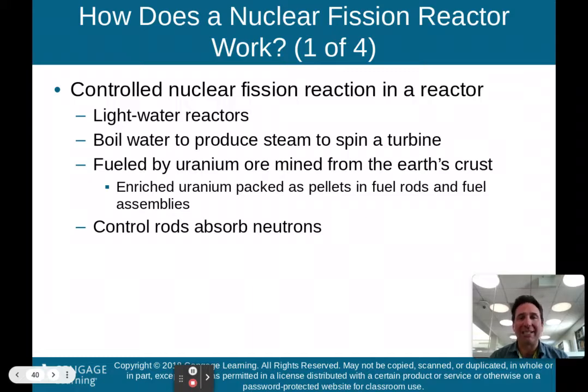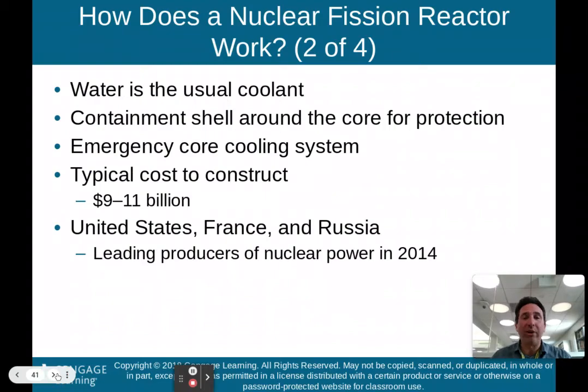Enriched uranium is packed as pellets into fuel rods and into fuel assemblies. And again, the uranium then is ripped apart, and that's what the nuclear fission is all about. And then the control rods will absorb the neutrons coming out as the uranium is pulled apart. Water is the usual coolant in a nuclear fission reactor. The containment shell then surrounds the core for protection.